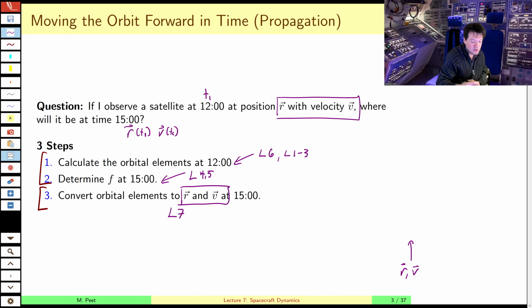There was a huge sequence of steps that we went through to get those 3D orbital elements. Going back the other direction, however, requires some additional mathematics. It requires rotation angles because we're going to be rotating vectors.